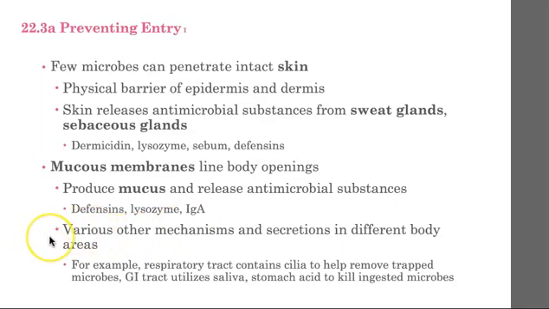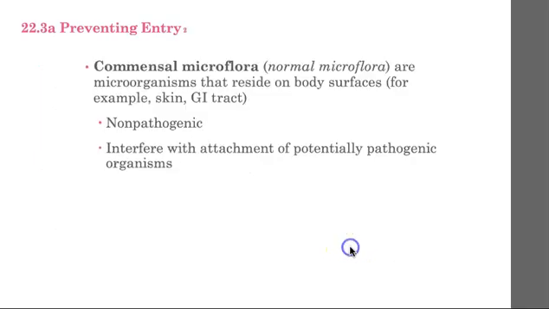Then we have various other mechanisms and secretions in our body within the innate immune system. For example, our respiratory tract contains cilia that help to remove debris or trapped microbes. Our GI tract can utilize saliva or the stomach acid to also kill ingested microbes.